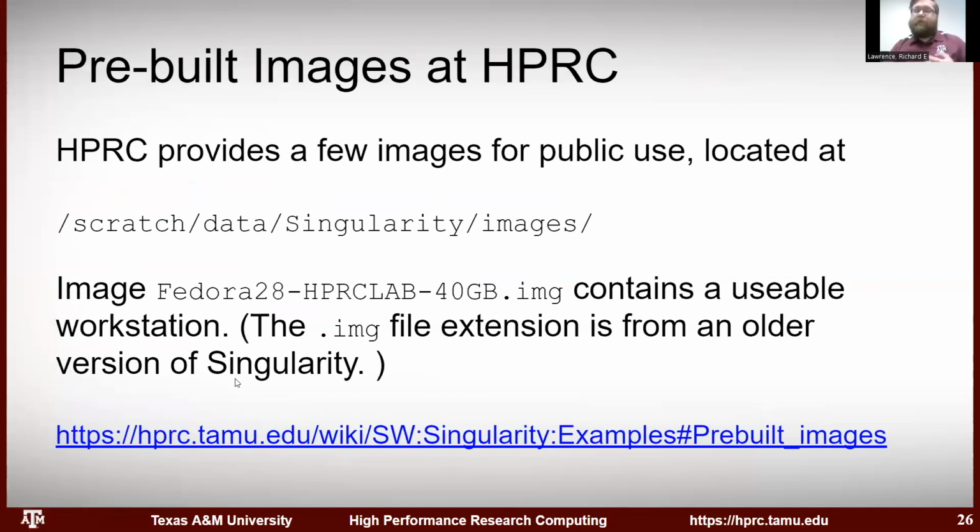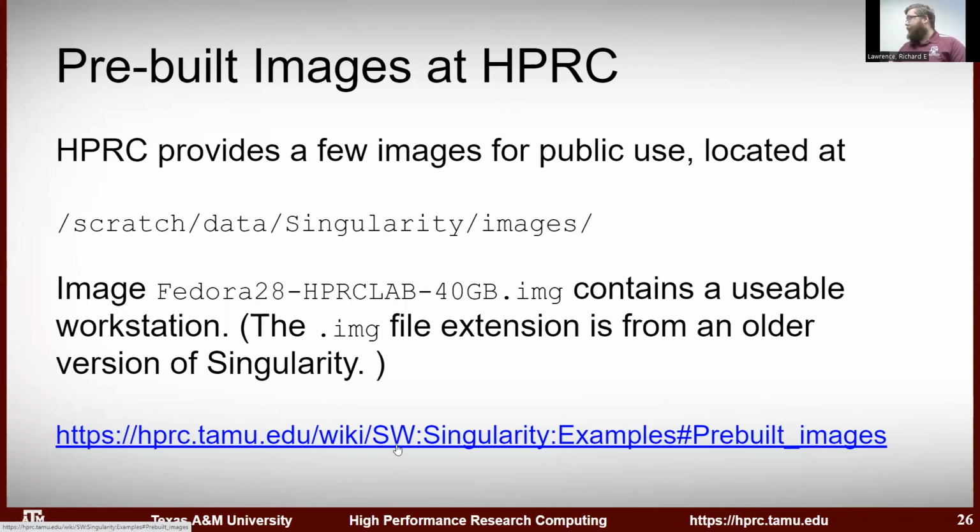So in addition to downloading images from online repositories, we do provide a small number of pre-built images at this location on disk. And I would like you to take a look at this time because we'll be using these for the rest of our exercises.